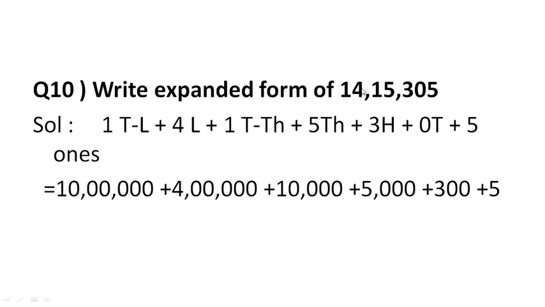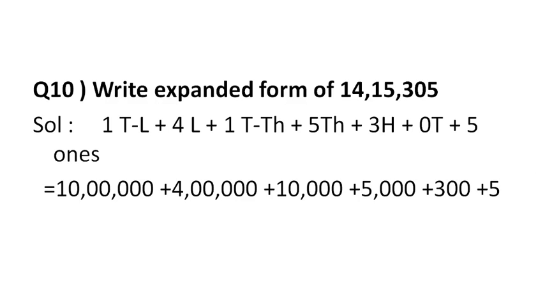Similarly, in 4 you add 5 zeros, and in this one you place 4 zeros. This 5 you place 3 zeros, this 3 you place 2 zeros. After this 5 there is no zero, and this 0 has no value, though its place is tens, because its actual value is zero. Okay, this is your expanded form.